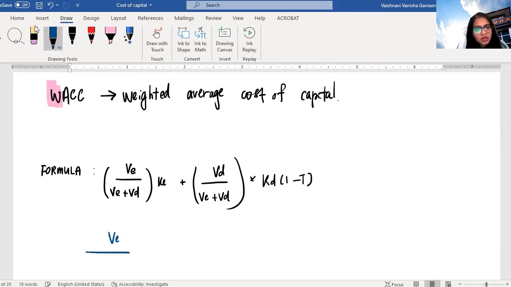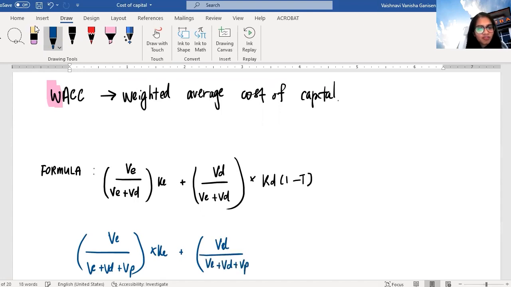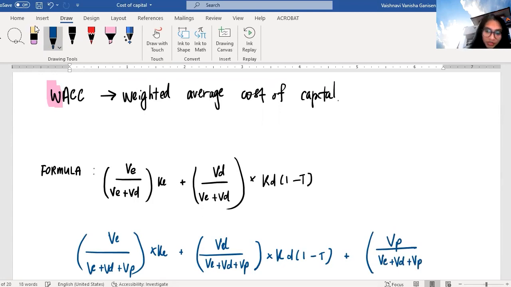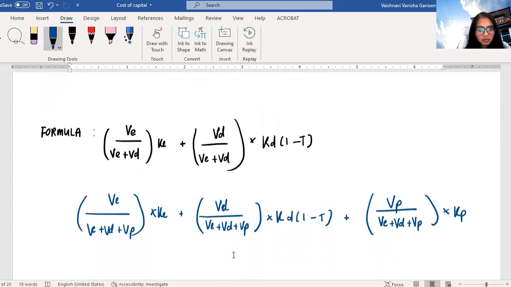It would be VE over VE plus VD plus value of preference shares multiplied by KE, plus VD over VE plus VD plus value of preference shares multiplied by KD times 1 minus T, plus VP over VE plus VD plus VP multiplied by KP. That will give you the WACC.